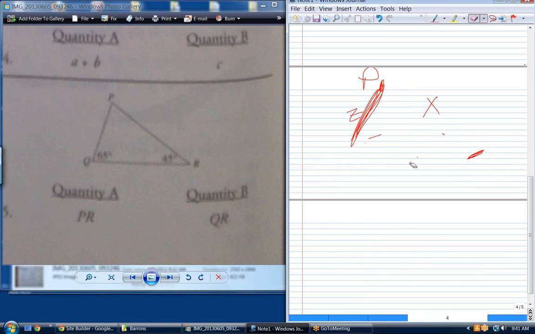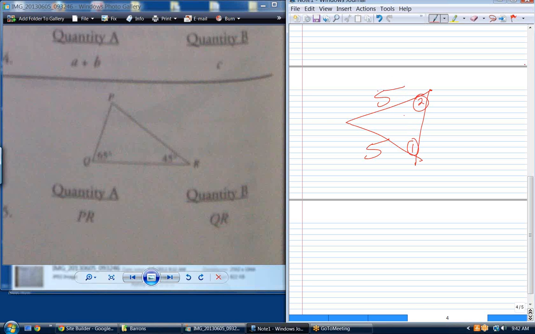Where it's most applied is when you have an isosceles triangle. By that information, I know that angle 1 is equal to angle 2 because these sides are the same.